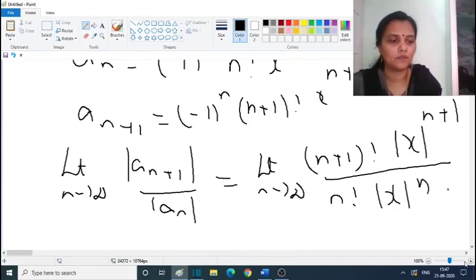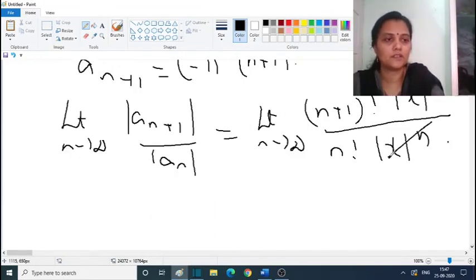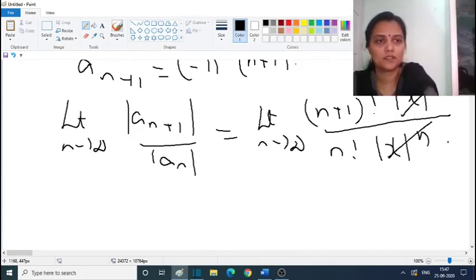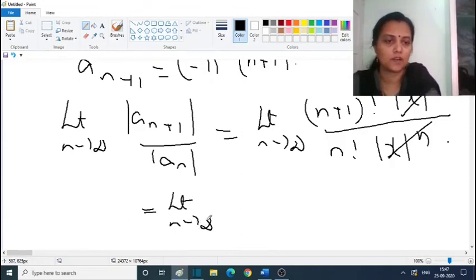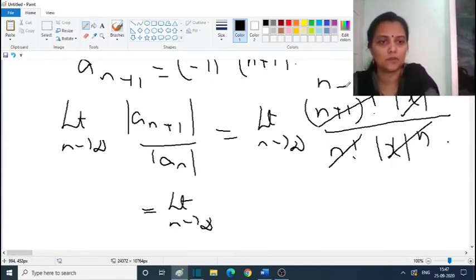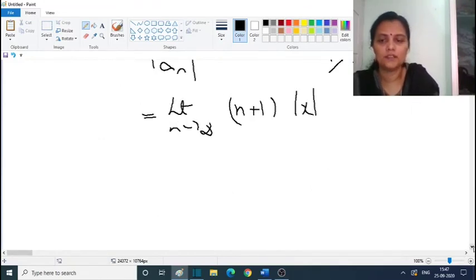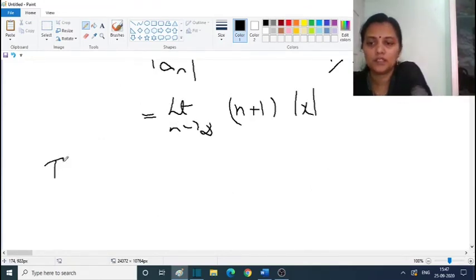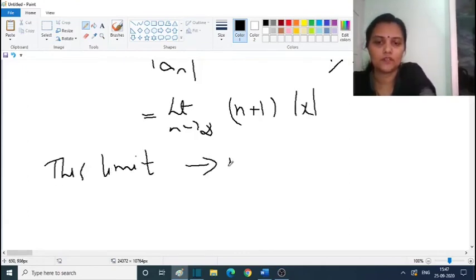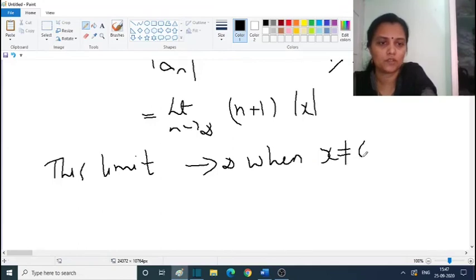So this cancels and the numerator becomes mod x, which is equal to limit n tends to infinity, n plus 1 factorial by n factorial, which is n plus 1. So it is equal to n plus 1 into mod x, and this limit tends to infinity for all x not equal to 0.